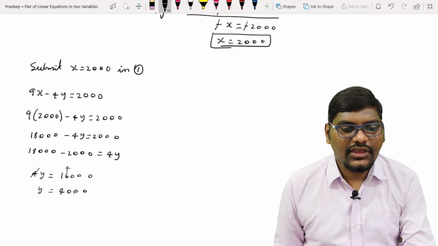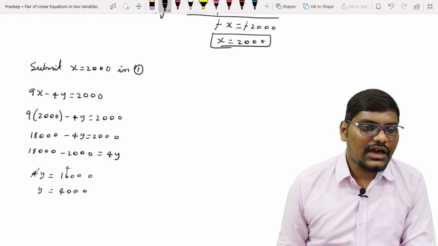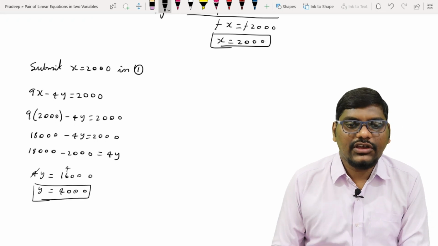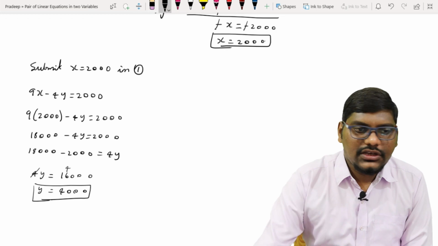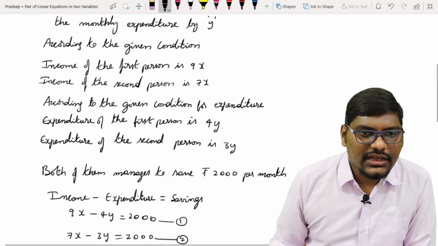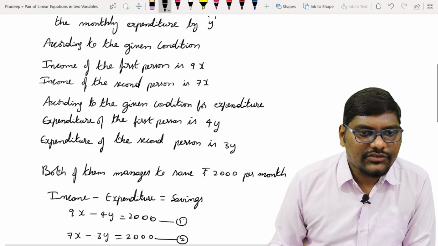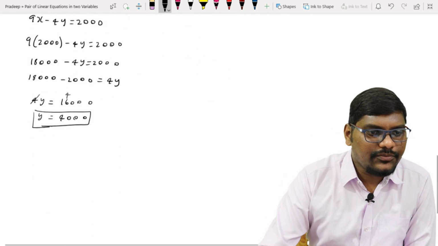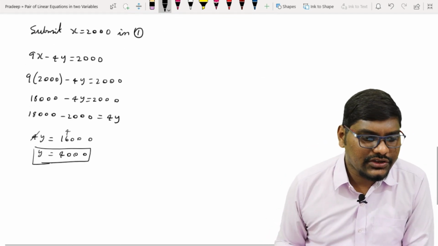So we are getting the x and y values, where we wrote all these values in the form of ratios, right? Previously we got them, so we'll substitute. Let's go back and see what we have written here. See here, the income for the first person we wrote as 9x, and for the second person we wrote 7x. Same we will write here again.